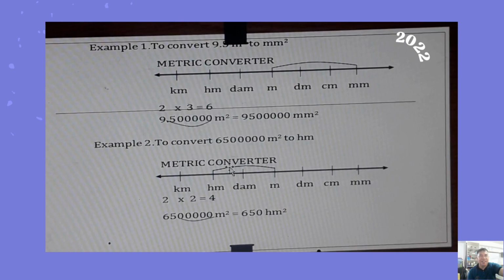So, right side, meaning to say we go back from 0, count 4 times, so we end up at 650. Meaning to say that the corresponding value of 6,500,000 is equivalent to 650 hectometers squared. I hope you get that idea.